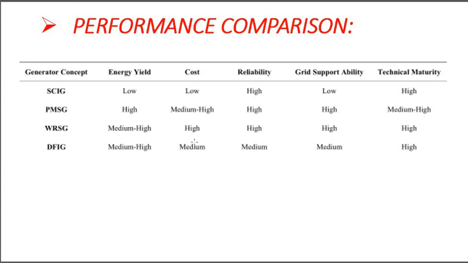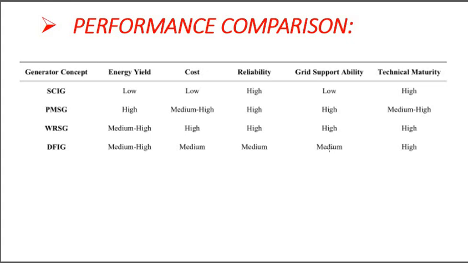Now reliability: SCIG has high reliability, PMSG also high, WRSG also high, and for DFIG reliability is medium. Now grid support ability: for SCIG it is low, PMSG high, WRSG high, and for DFIG medium grid support ability is there.